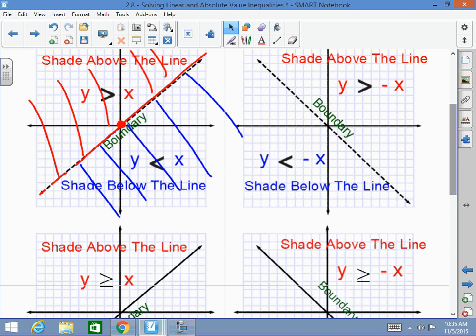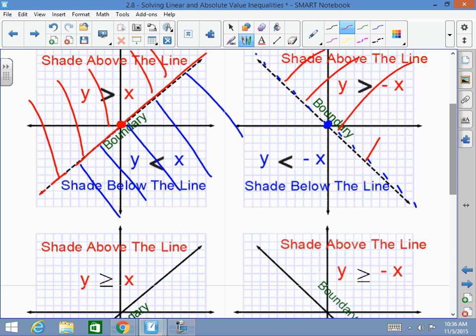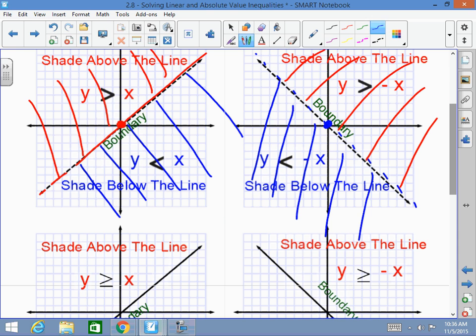If I have a negative slope, y is greater than negative x, or y is less than negative x, I have this boundary here. Here's my y-intercept. So y is greater than, I shade above the line or above the y-intercept. If I have y is less than, I shade below the line or below the y-intercept.